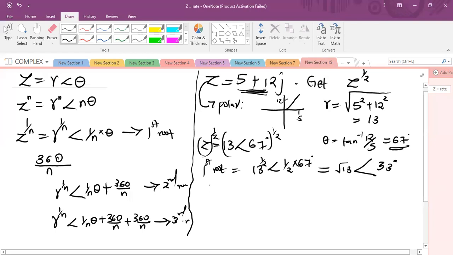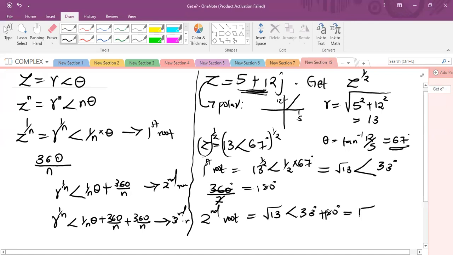Now, to get the second root, since there are only two roots, with an angle of 360 degrees, they are at equal distance, these two roots. So 360 divided by 2 will be equal to 180. So the next angle will be at 180 degrees from this first angle. So our second root will be equal to root 13, and the angle now will be 33 degrees plus 180 degrees.